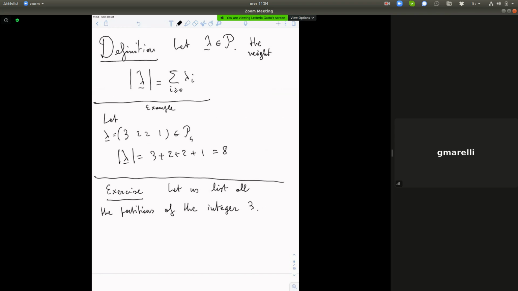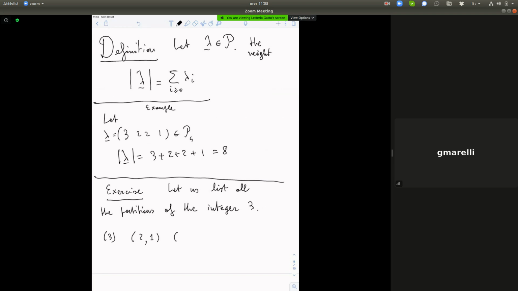It's funny. Look, 3 is a partition of the integer 3. I divide the integer 3 in one part. There is just one part equal to 3. But 3 can be written also as 2 plus 1, so this is another partition of the integer 3.